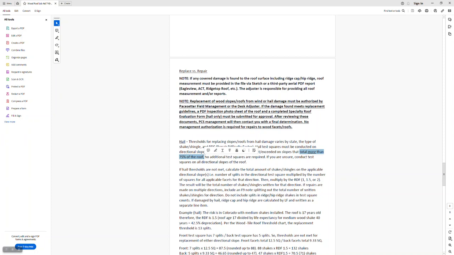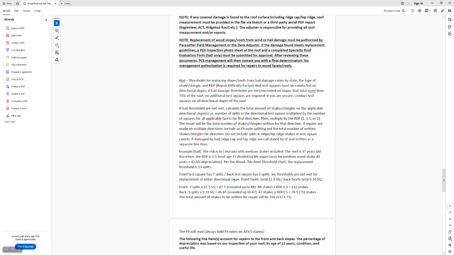Then you can stop and you can buy the entire roof. With wood shake, it's 75. And with wind, it's going to be higher anyway, typically. But again, this goes under what I just mentioned. Check with your manager on all of these different thresholds, requirements and guidelines of how the carrier wants you to handle specialty roofs, including wood shake.